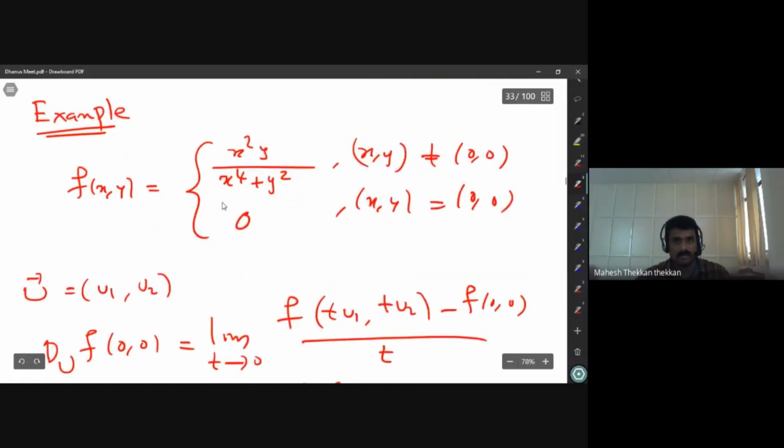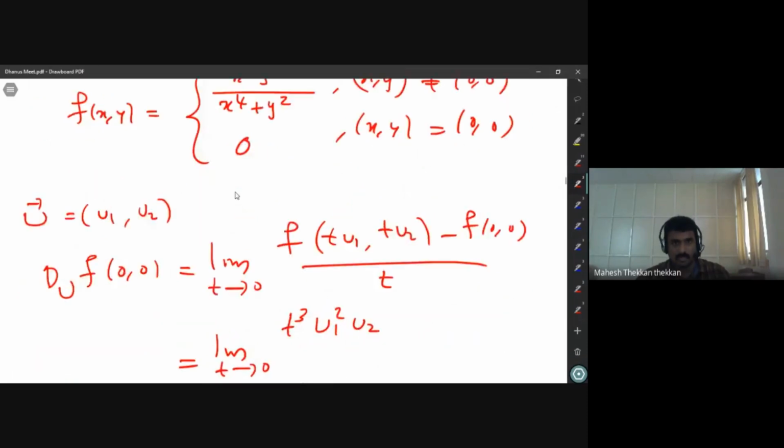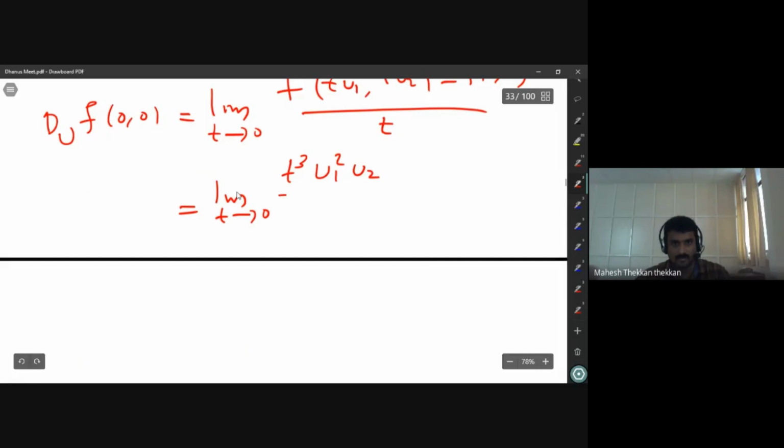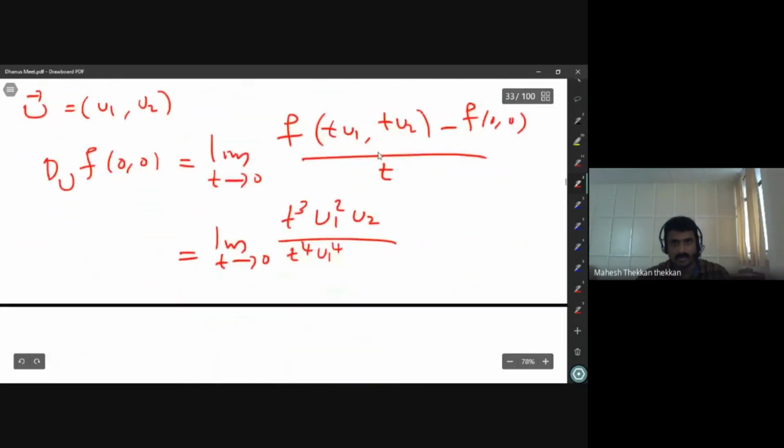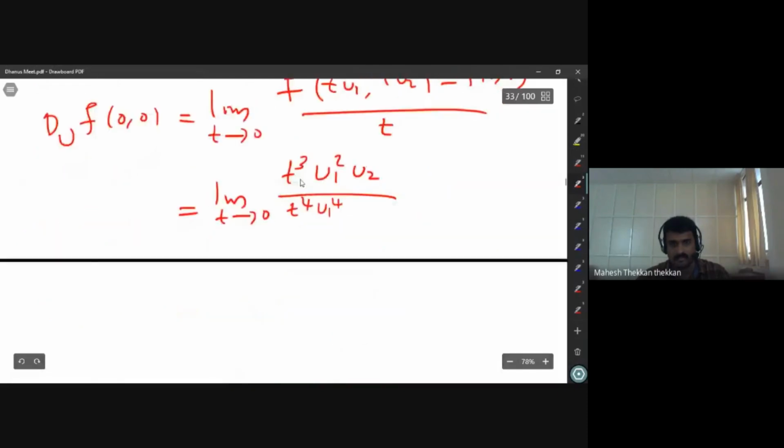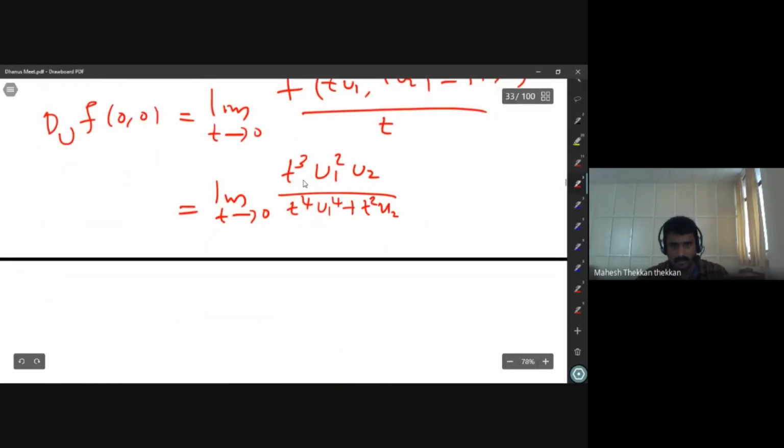In the denominator, you will get t⁴ u1⁴ plus y², which is t² u2², and the whole thing is divided by t.